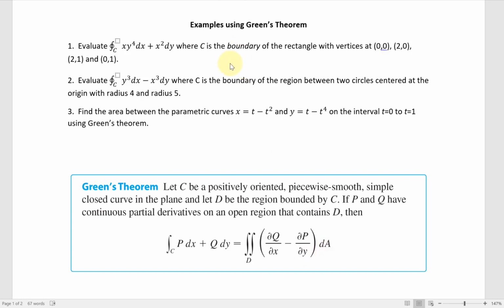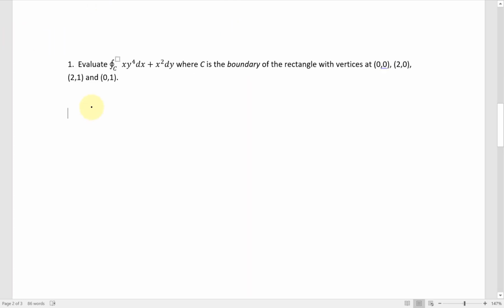Let's go back to number one. We'll begin this one with a sketch of the region. So we have vertices at 0, 0, 2, 0, 2, 1, and 0, 1.